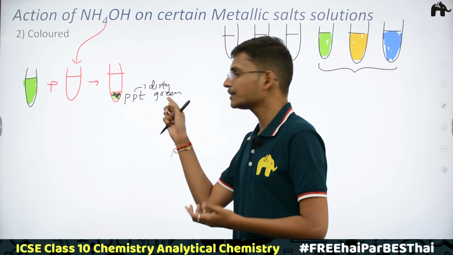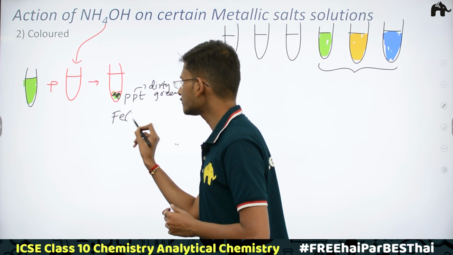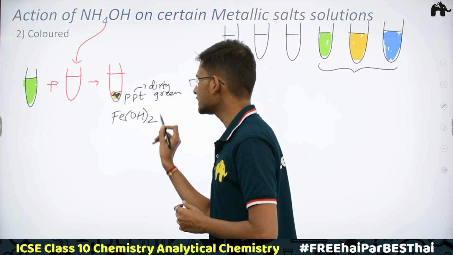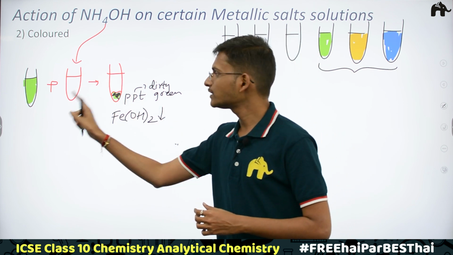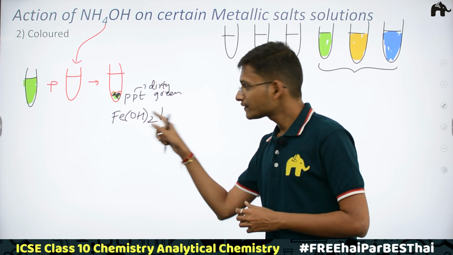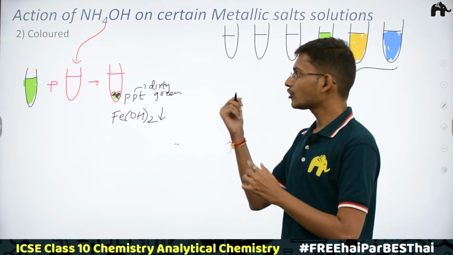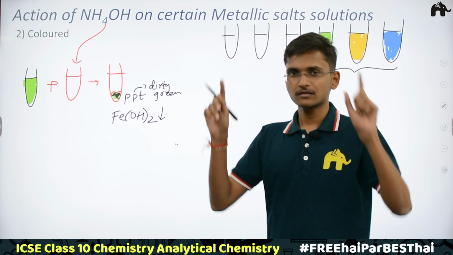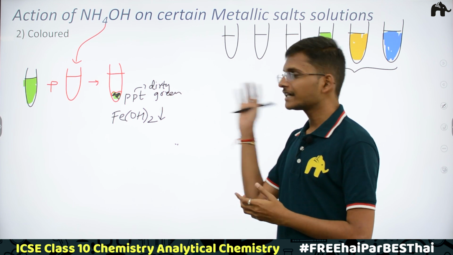See here, dirty green precipitate means the hydroxide which is getting formed is ferrous hydroxide. Same as when we saw the pale green solution with NaOH, we also got a dirty green precipitate of ferrous hydroxide. So I have told you to make a big chart, right? And I hope you have taken a big A4, A5 size paper and you are writing these reactions.